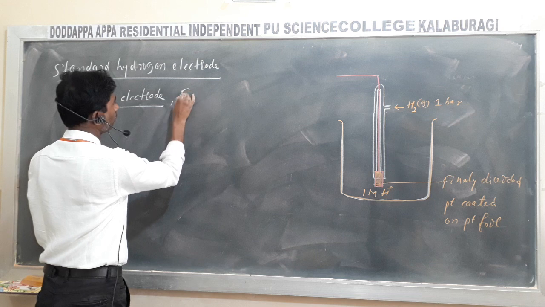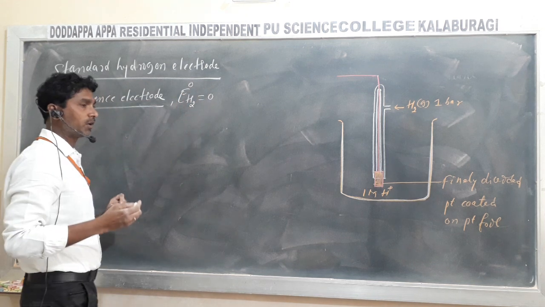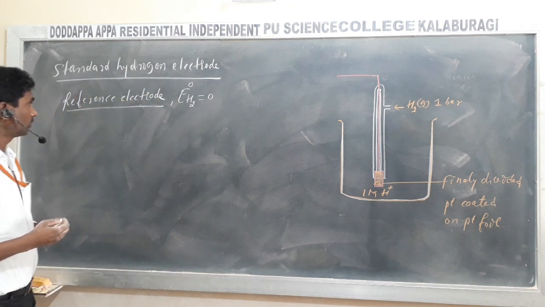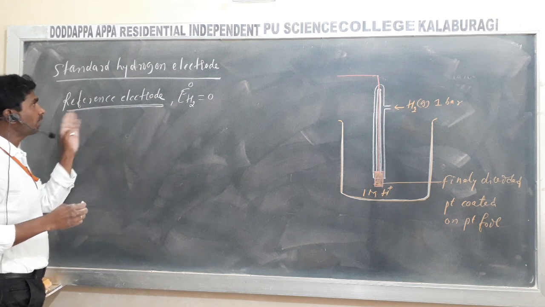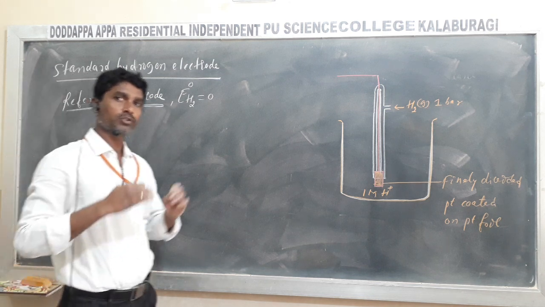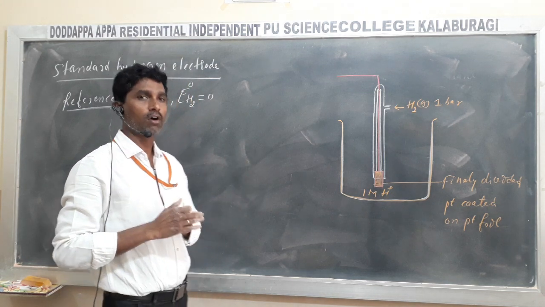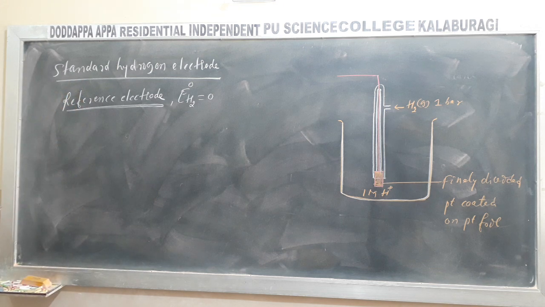Because the standard electrode potential of hydrogen is 0 at all temperatures. So that's why it is called the reference electrode. With the help of this standard hydrogen electrode, we can measure or determine the standard electrode potential of other electrodes.